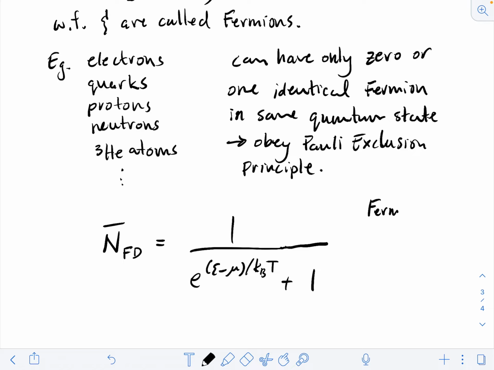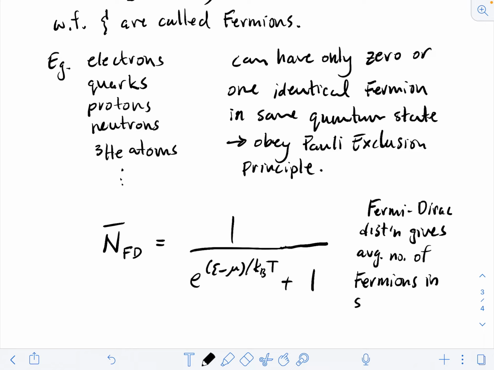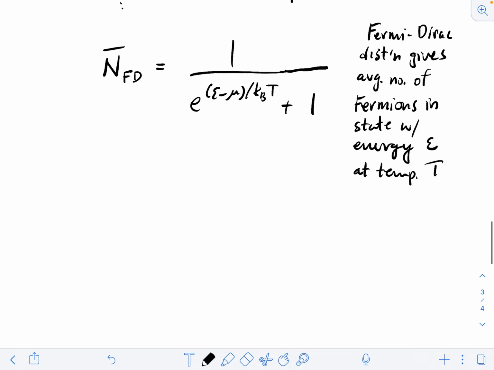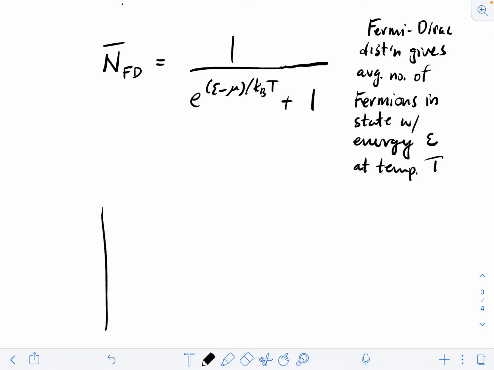Okay, so this Fermi-Dirac distribution gives the average number of fermions in a state with energy epsilon when the system temperature is T. Okay, so let's again try to plot this.